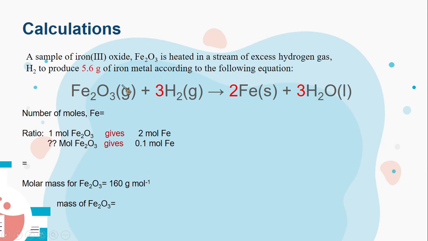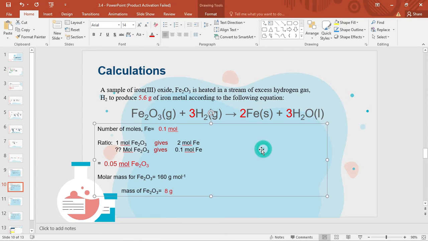In an equation, you have to put the G, S and L. But now because teacher wants to focus on balancing the equation, that's why teacher didn't always put all the G, S, L. What is G, S, L? Gas, solid, liquid.